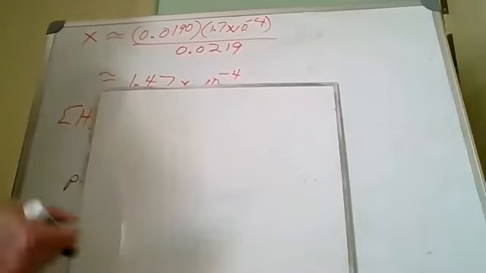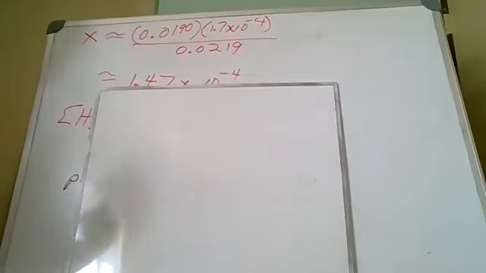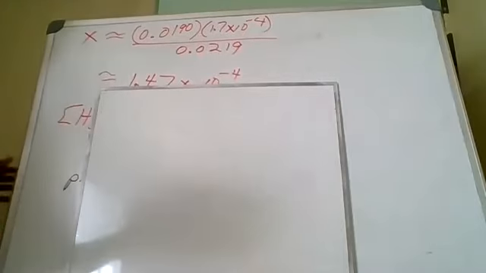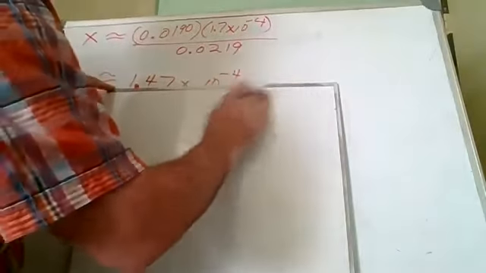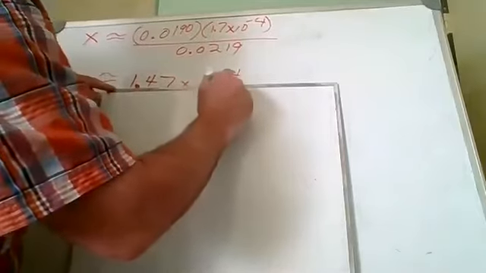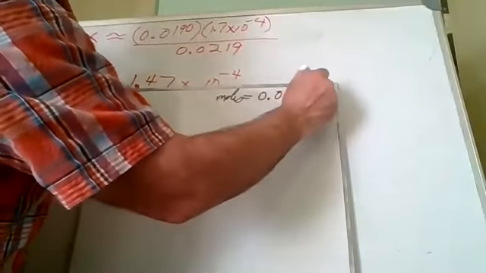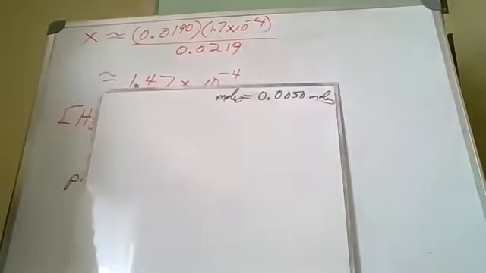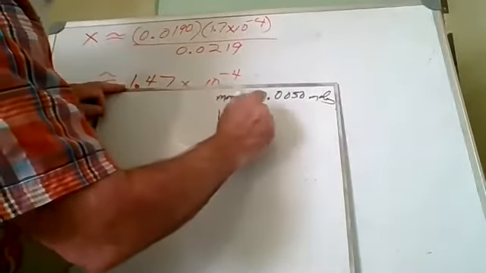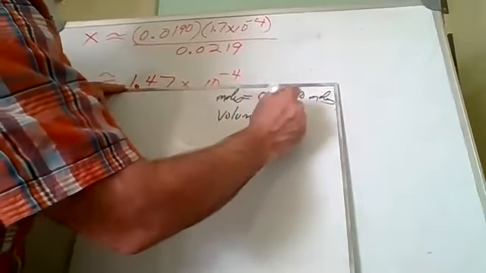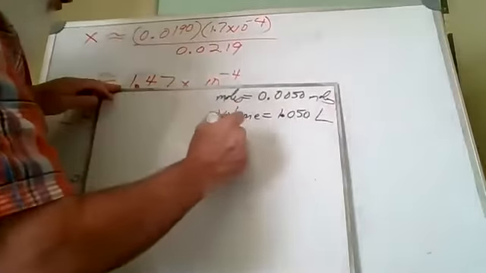So let's calculate the molar concentration of the sodium hydroxide in the solution without the buffer there. Well, the moles equals 0.0050 moles. That's how much sodium hydroxide we have. And the volume is 1.050 liters.